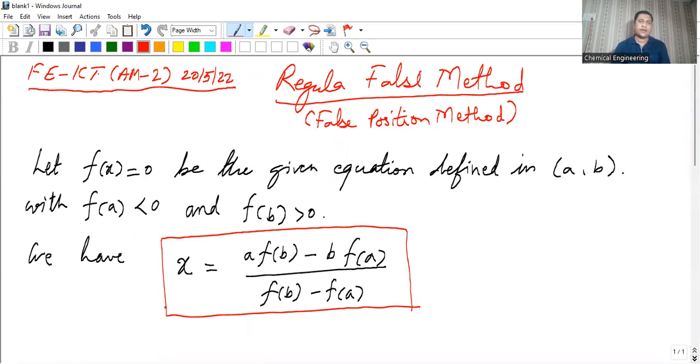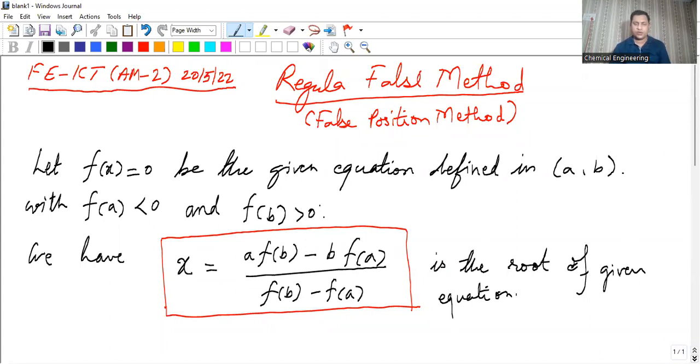Then x is equal to a f of b minus b f of a upon f of b minus f of a, and this is the root of the given equation. This is the formula for the Regula Falsi method, also called the false position method. Is there any doubt up to here?